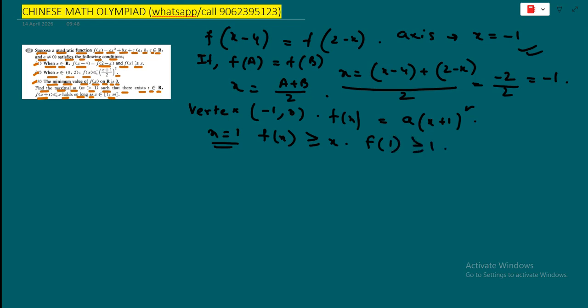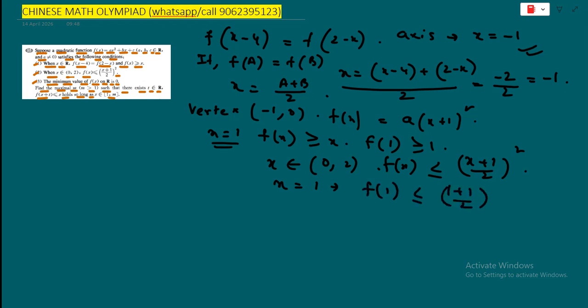And from the condition number 2, x belongs to (0, 2), so f(x) ≤ ((x+1)/2)². And if we plug x = 1 there, we get f(1) ≤ ((1+1)/2)², that is definitely 1.